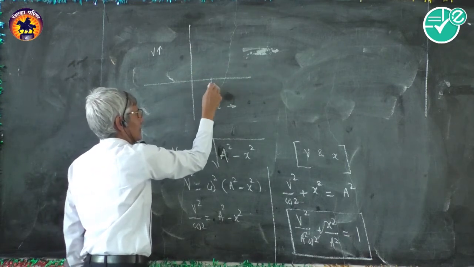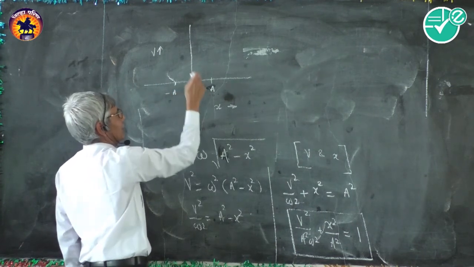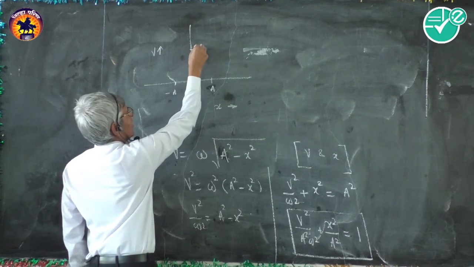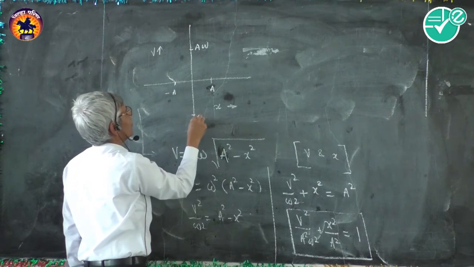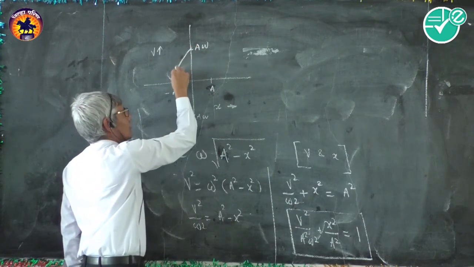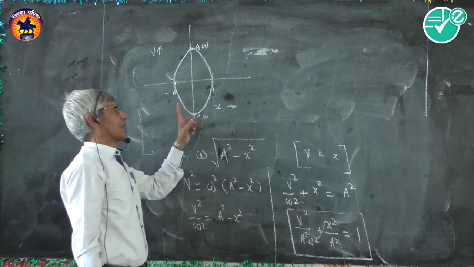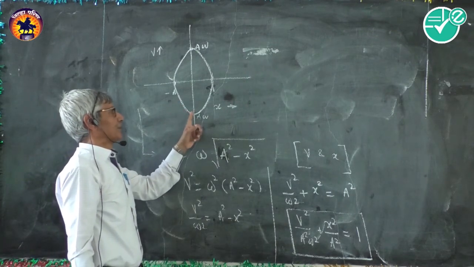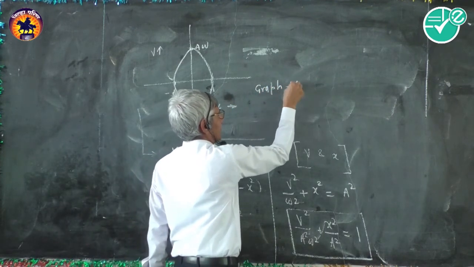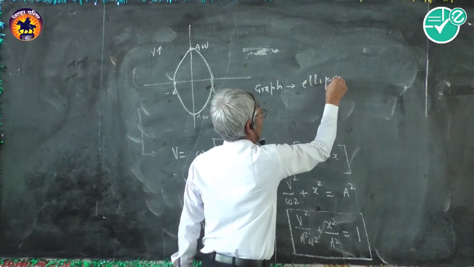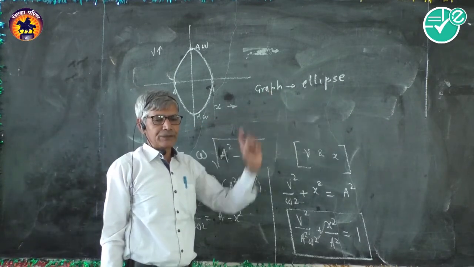So these are the maximum positive and negative values of the amplitude, plus A and minus A. This is plus A omega and this is minus A omega. So this is the elliptical graph, an ellipse. So the graph of the variation of the velocity with respect to displacement will be an ellipse.